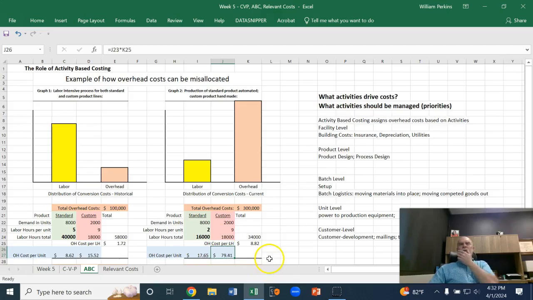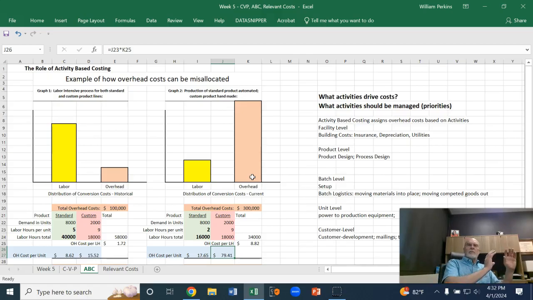And the reason we brought in all this automated equipment was primarily to produce the standard units. We're still being very hands-on with the customized.